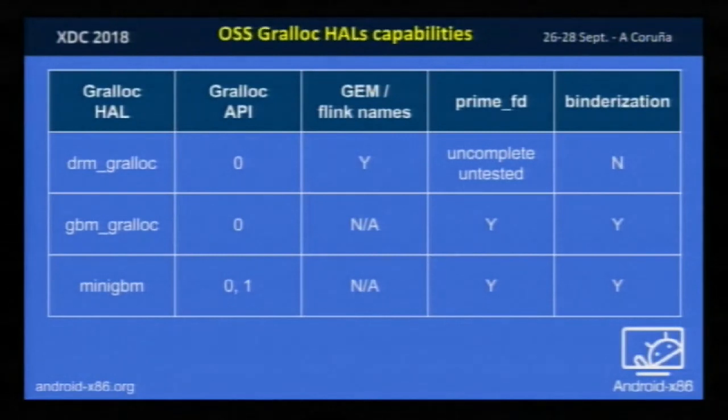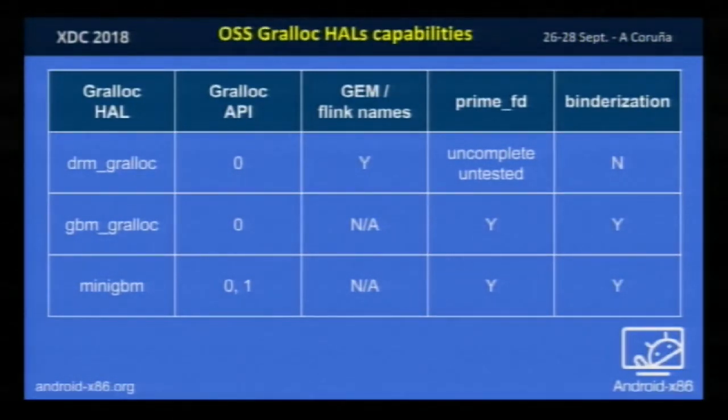GBM gralloc, I forgot to mention, is a project led by Rob Herring, and it is on his GitHub. And in my humble opinion, this project should be upstream in the freedesktop.org suite of projects.